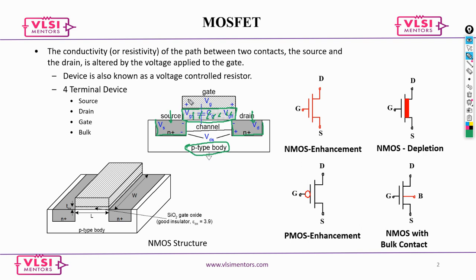And then on top of it, the gate material. Now there are different materials that we have, hafnium and high K and all of that, but initially we were using the metal.